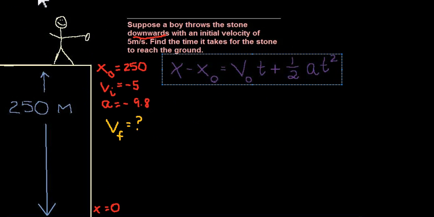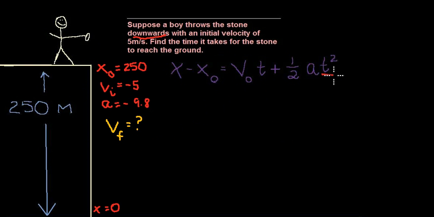And once again, we're looking for the time it takes for the stone to reach the ground. So now the only thing we have to do is plug in for our variables. Our x is 0 because that's our final distance that it reaches. Our initial distance is 250 meters. That is my phone ringing. It's probably just telemarketers.